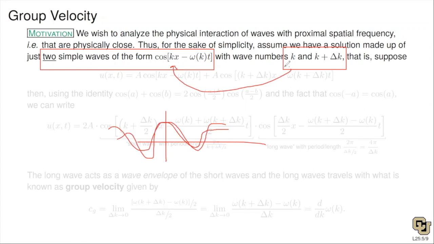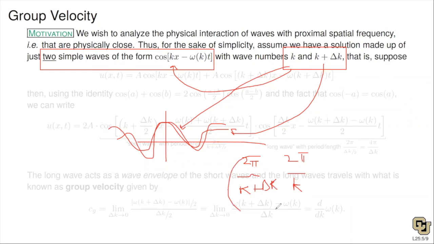And here are my two waves. One has wave number k, one has wave number k plus delta k. One wave will be slightly longer in wavelength or shorter in wavelength than the other, right? One will have period 2 pi over k, and that'll be one wavelength, and the other will have a slightly longer or shorter wavelength, I should say, because if I divide by a bigger number, it's a smaller fraction, and k plus delta k will be slightly bigger.